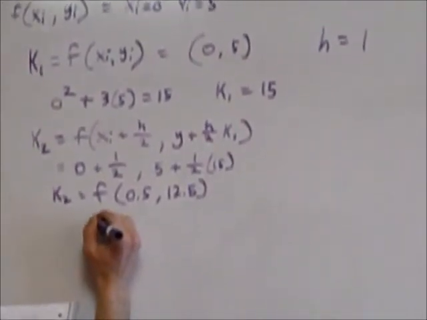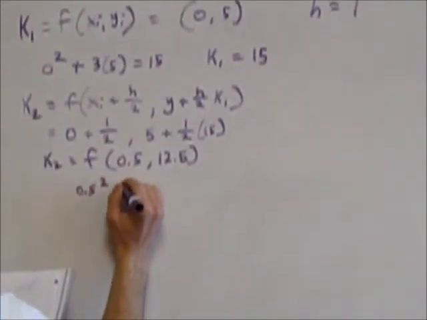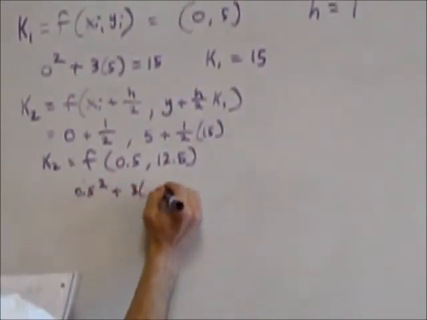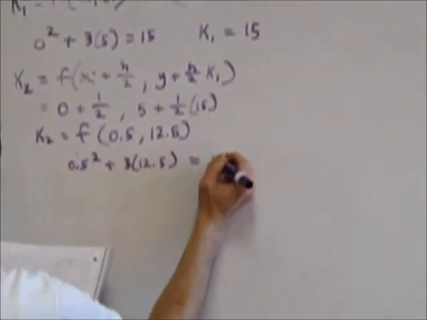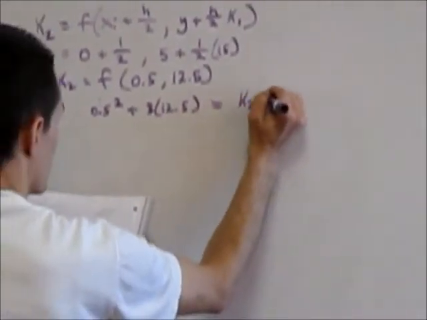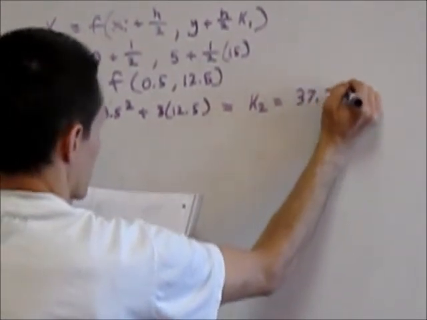And that becomes 0.5 squared plus 3 times 12.5 equals k2, which equals 37.75.